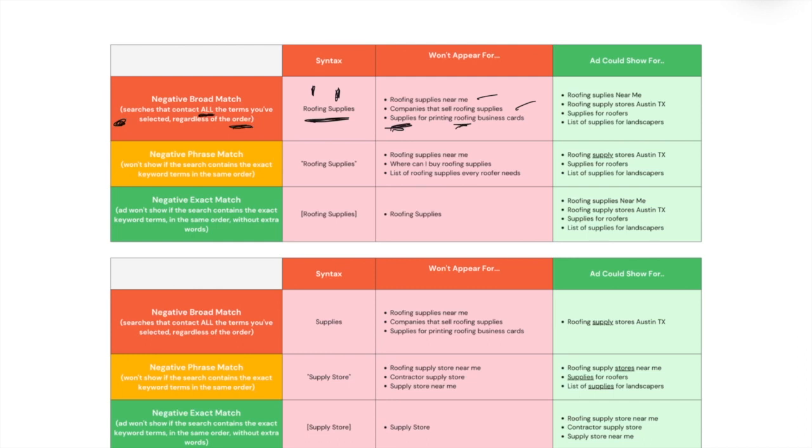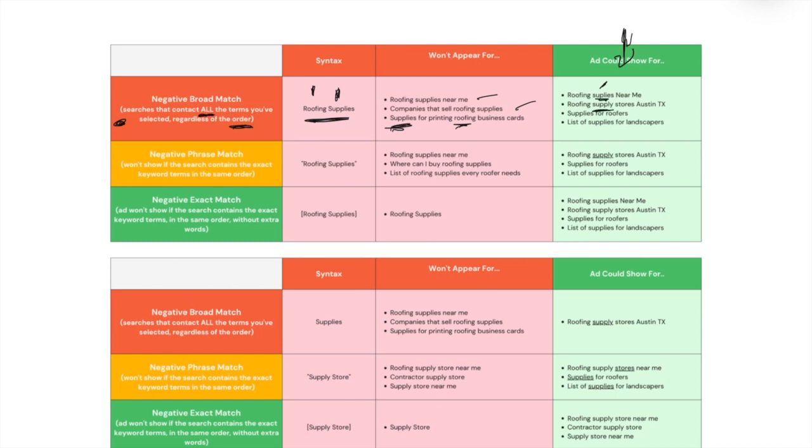Now, in the next column right here, you're going to see that you can show up for these, though. Roofing supplies near me. If you see what I did there, there are a lot of people out there that are not very good at spelling. I can't spell very well either. So if somebody puts in a misspelling, you still show up. The next one would be roofing supply.